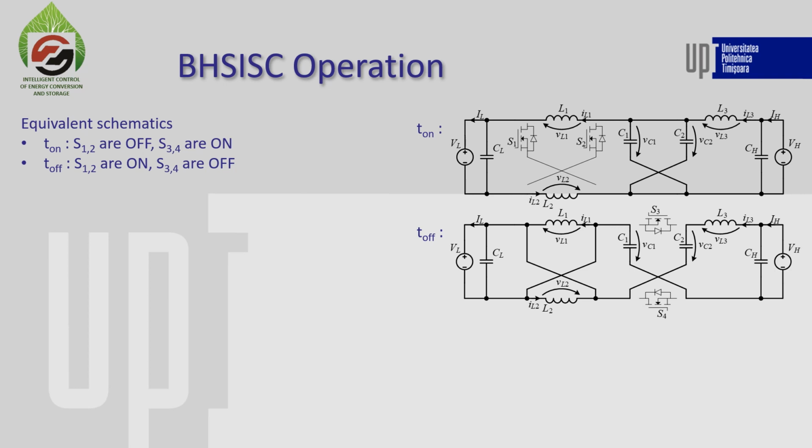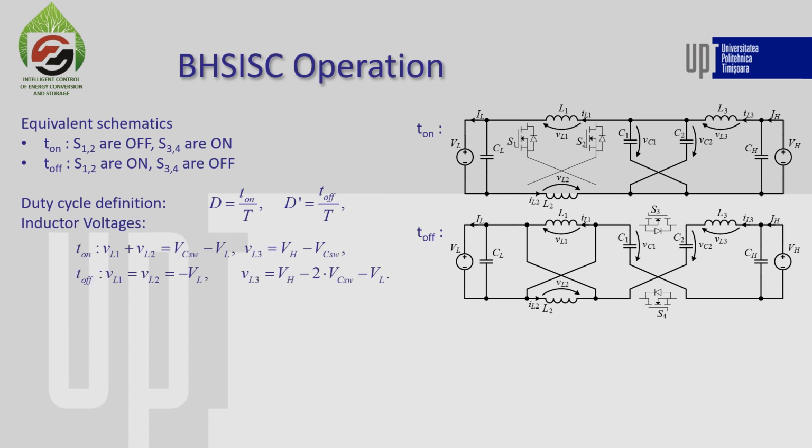And also during T-on interval, the inductor currents are increasing for buck mode, and they are decreasing in the T-off interval. The duty cycle is defined in the same way.